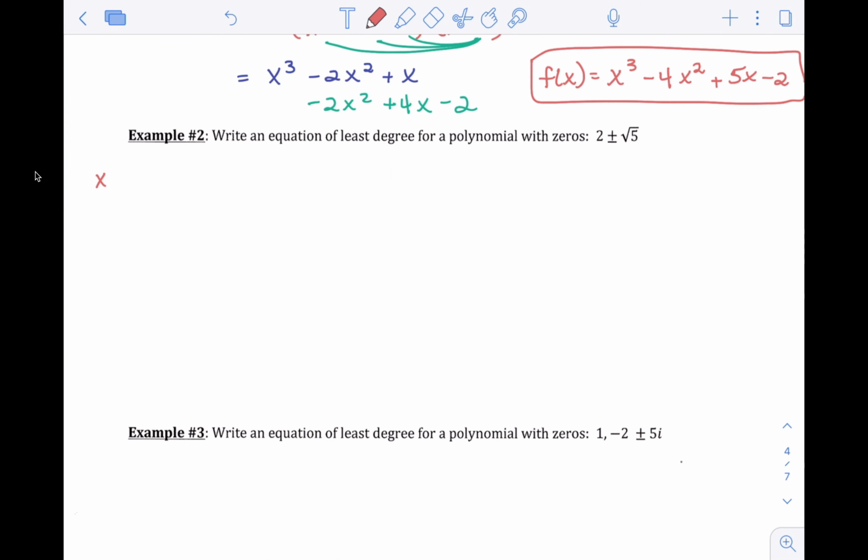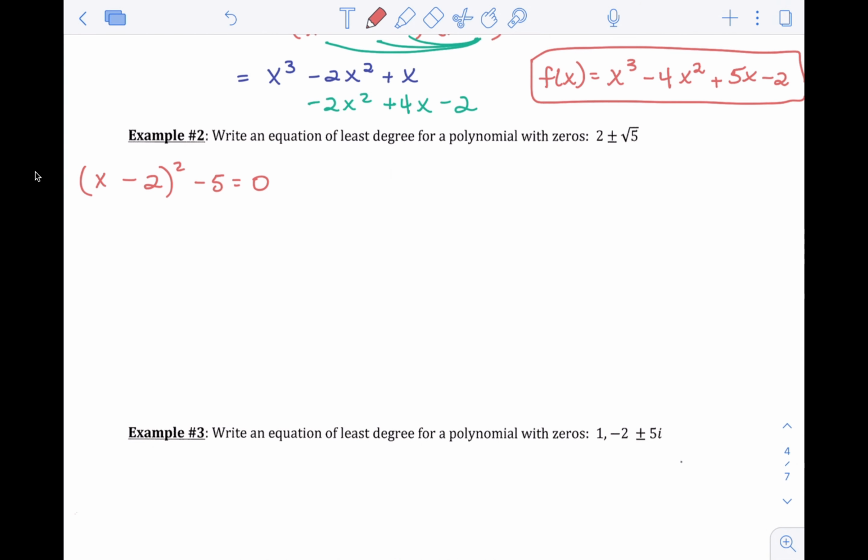Let's say I gave you x minus 2 squared equals 5. Even more, even if I had minus 5 equals 0 instead. So x minus 2 squared minus 5 equals 0.